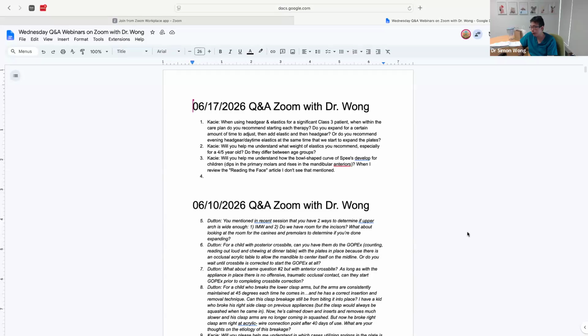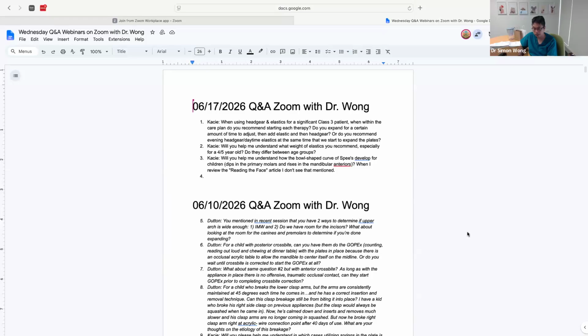So appliance plates go in first, and we make space, and we see if the space is sufficient to improve the bite relationship. If it isn't, after we've done our arch development and reduced the curve of Wilson and Spee and flattened everything out, then AP correction begins.